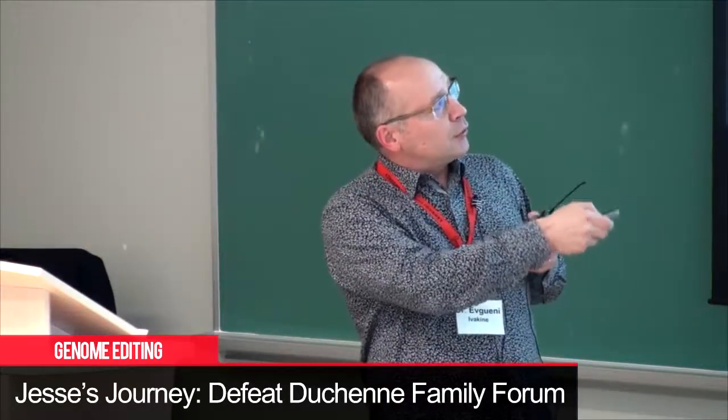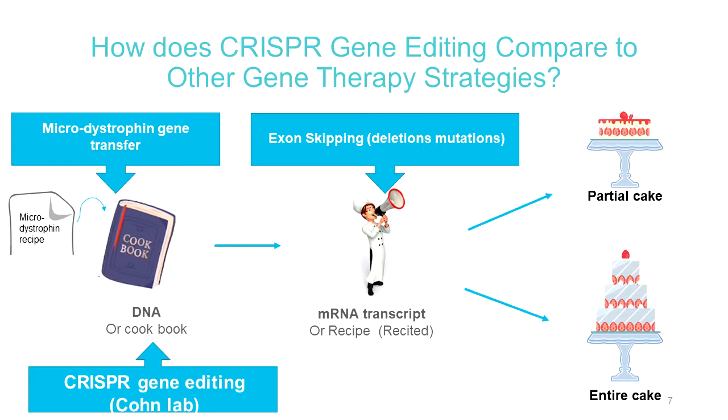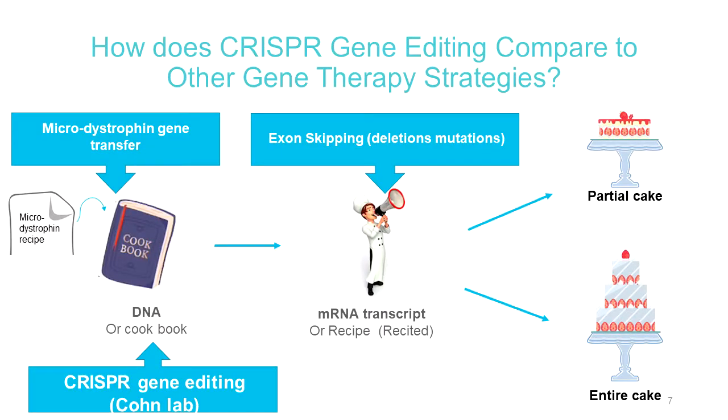But the problem with this therapy is that it will need to be repeated over and over and over again. So what we are trying to do is tinker with the cookbook itself. We are trying to change it on the level of DNA. We are trying to make changes so that we can make the full, entire cake.